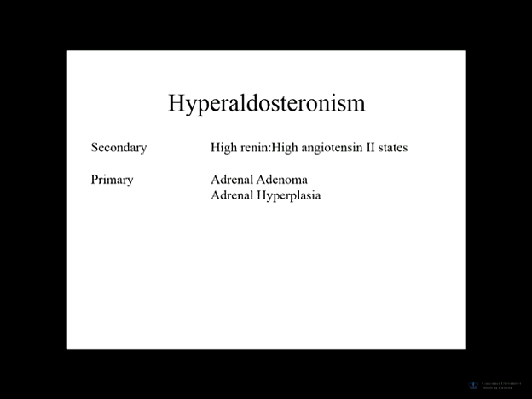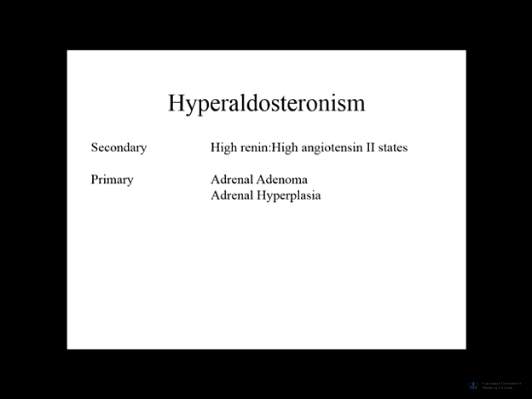And that stimulus is usually one of two things. Hyperkalemia stimulates aldosterone production, as does angiotensin II. We've been talking mostly about angiotensin II. And that's called secondary hyperaldosteronism. So that means the normal response of the adrenal gland to stimuli.